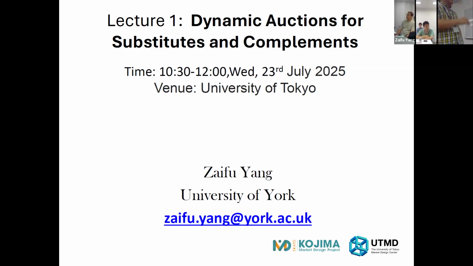And in the first lecture, I will talk about the very famous dynamic auction designed by Gale and Sotomayor. And that will be the first part of the first lecture. And the second part, I will talk about the auction for substitutes and complements.